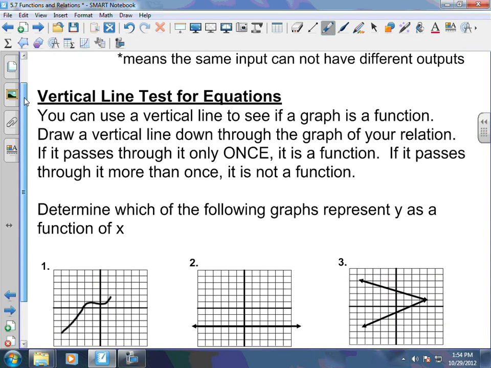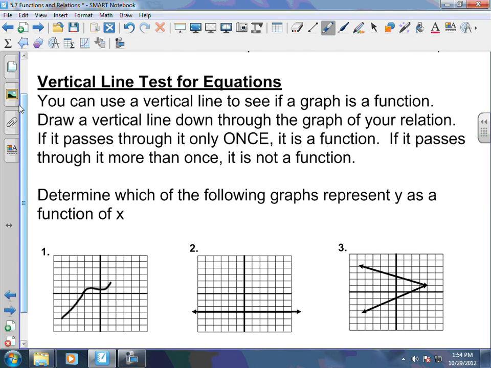Okay. Now, in order for y to be a function of x, I can only have one y answer for every x. We'll explain what that means more in a minute.